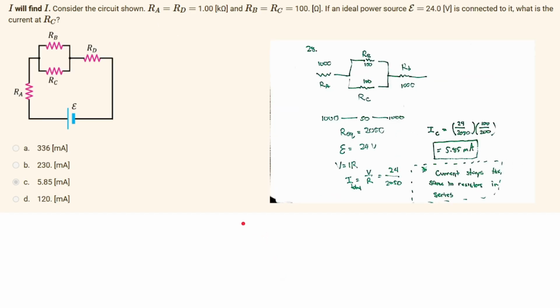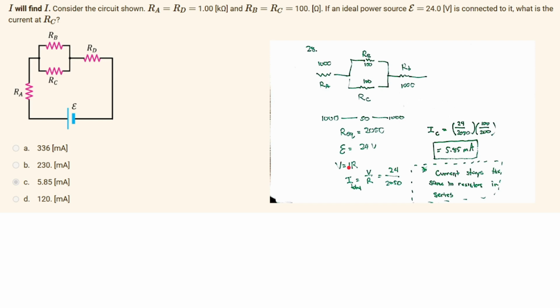Okay, this one is a bit similar, but also a bit different. But always the first step whenever you're dealing with circuits is to simplify everything. So over here, we simplify this resistor, and we get an equivalent resistance of 2,050. We know that the energy source is 24 volts.